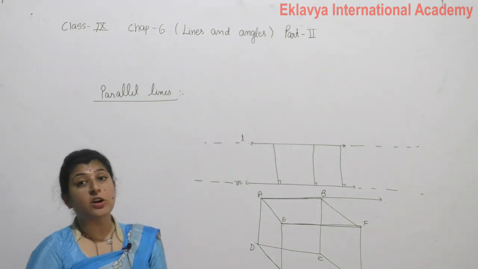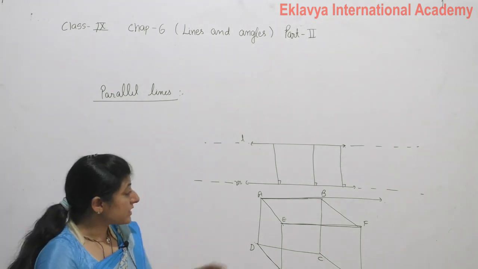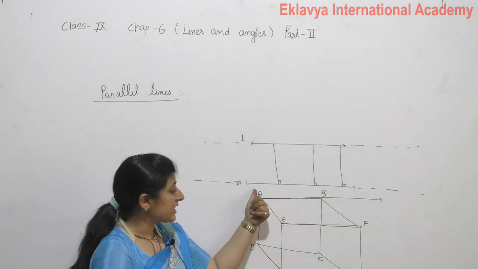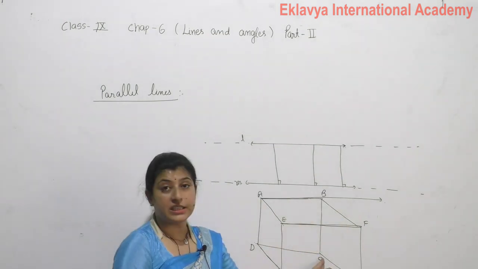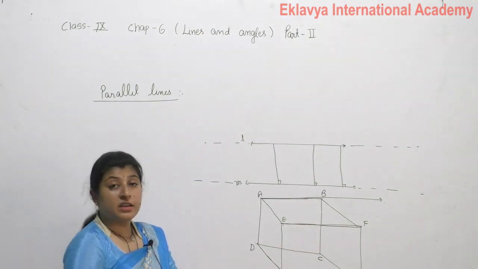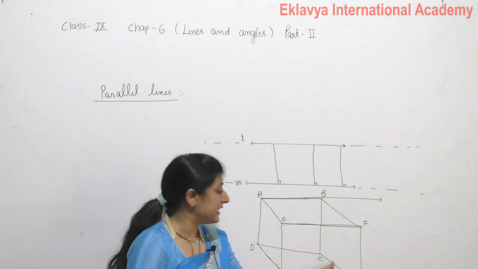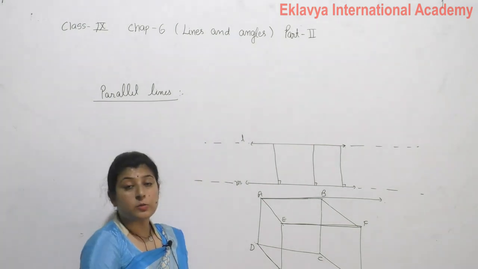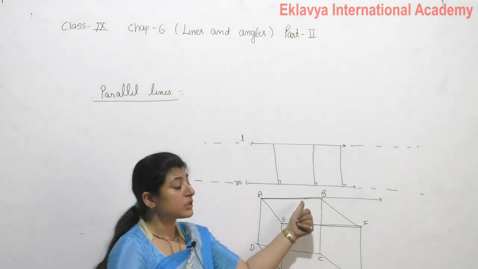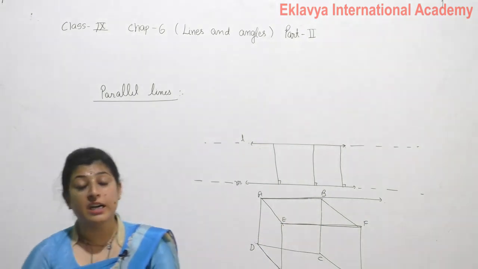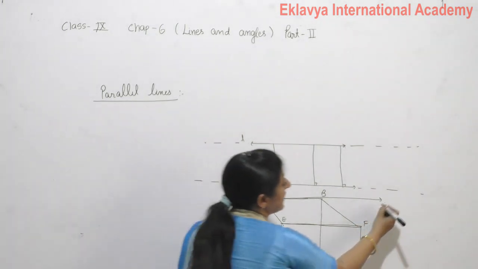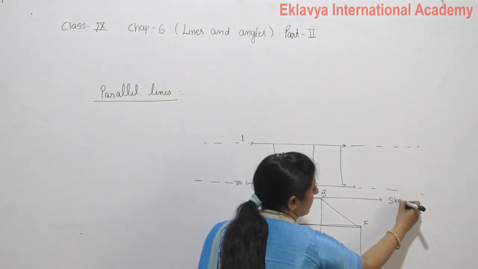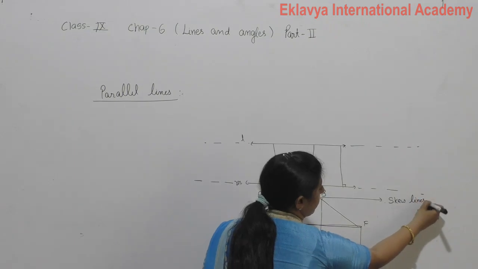No. These are not parallel lines, because this line AB exists in plane ABFE, or we can say plane ABCD, and this one exists in the plane DCGH. So both lines lie in different planes. That's why these are not parallel lines. These types of lines are called skew lines.